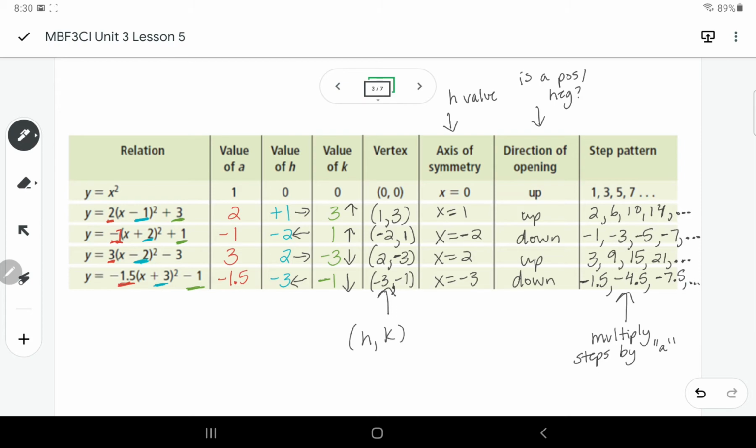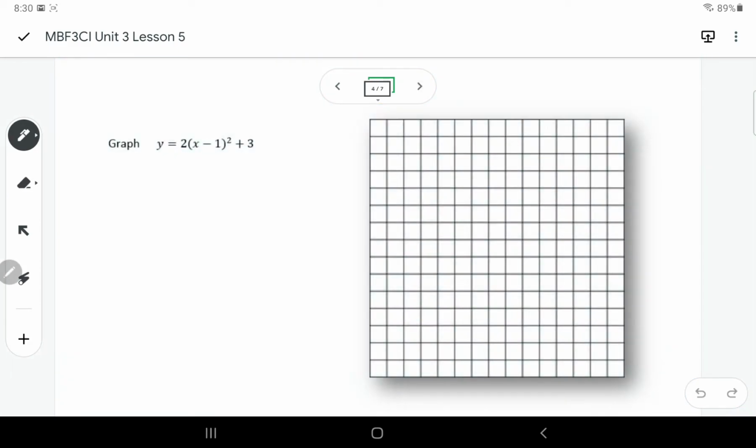So we're going to use this to graph some parabolas without having to do a table of values. So this was one of the ones from that previous chart. We had A was 2, my H was 1, which means it's moving to the right. My K was 3, which means it's moving up.